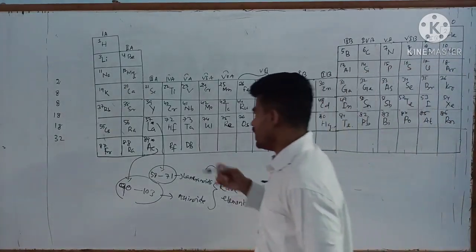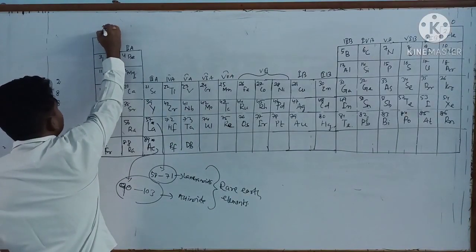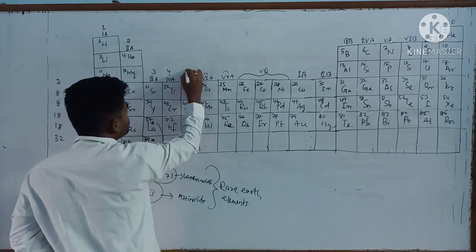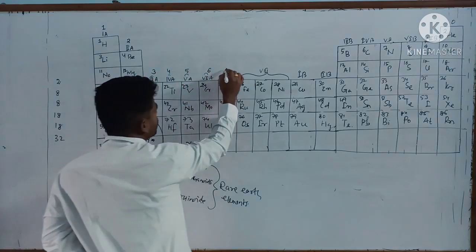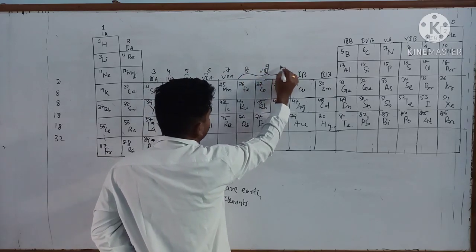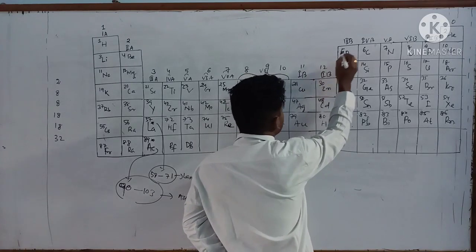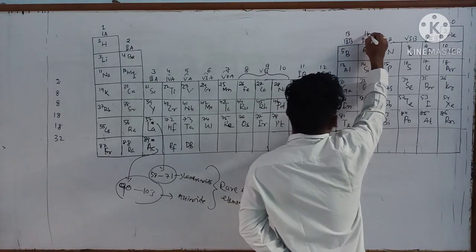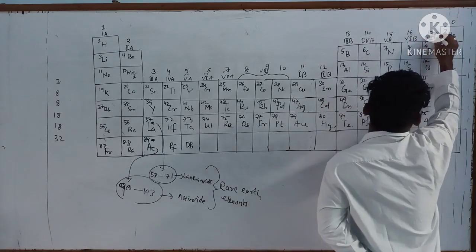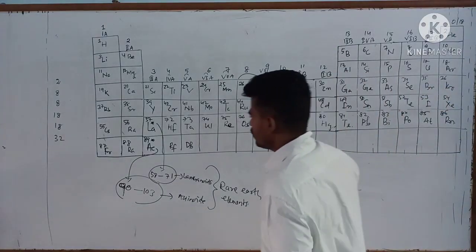Next, in the simplest way, you can mention this one as first group, second group, third group, fourth group, fifth group, sixth group, 7th, 8, 9, 10, 11, 12, 13, 14, 15, 16, 17, and this one is 18 group or 0 group.